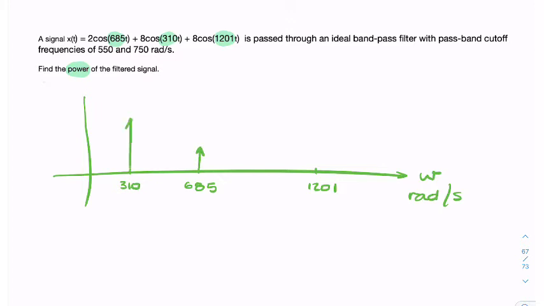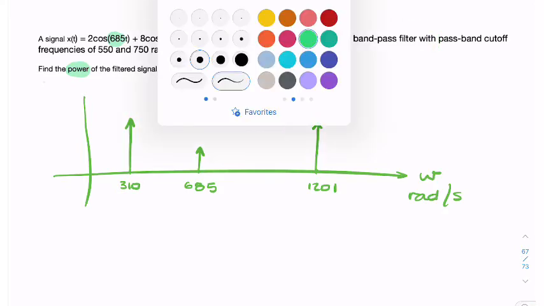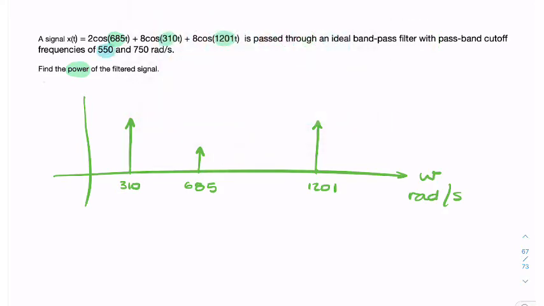4 times as big, maybe not as high. There. Okay, so that's a very rough sketch. So now let's look at the bandpass filter. The filter has cutoff frequencies of 550 and 750.